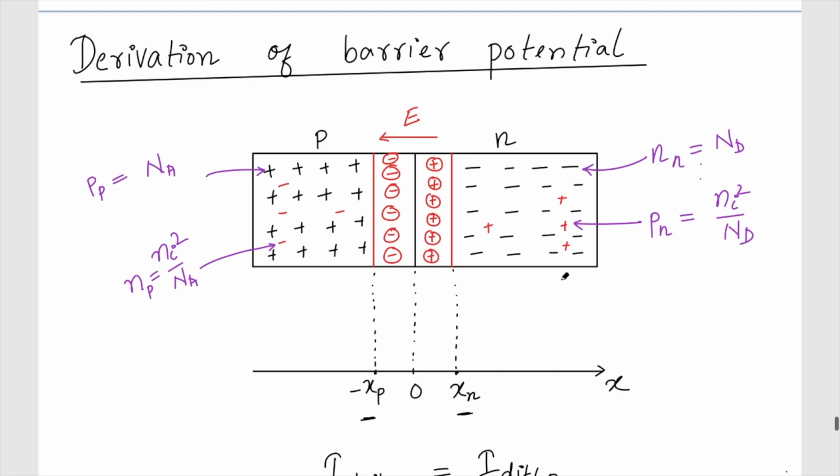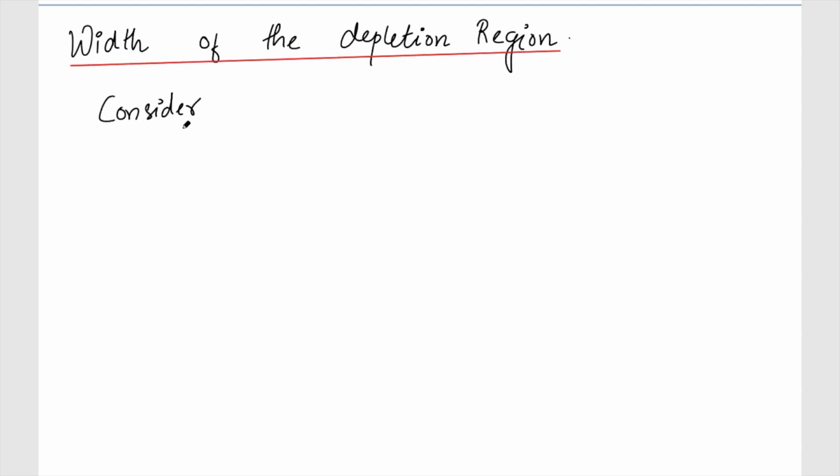So okay, now let's see more in details what happens to this Xn and Xp with different doping concentration. And also we'll see the width, total width of this depletion layer more in details. So consider the doping concentration of the P side, which is basically the Na, is greater than the doping concentration of the N side, which is Nd.